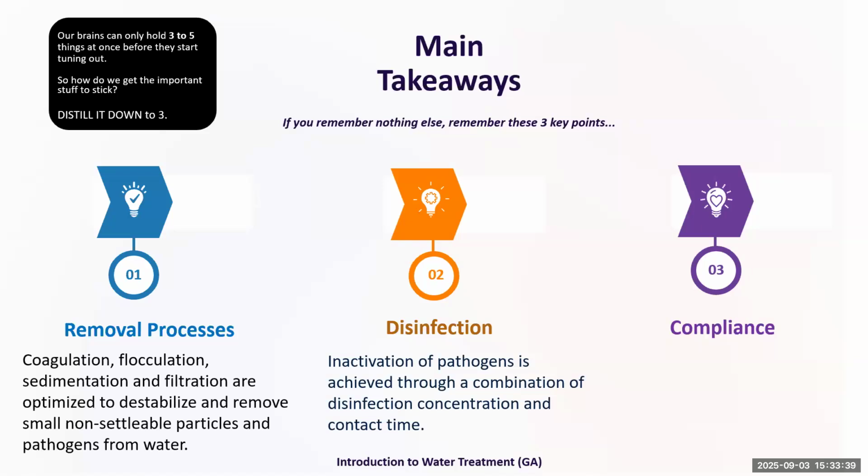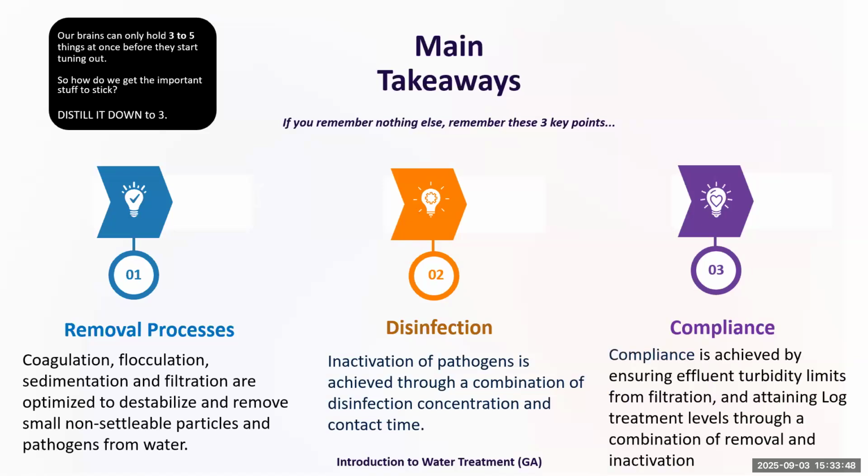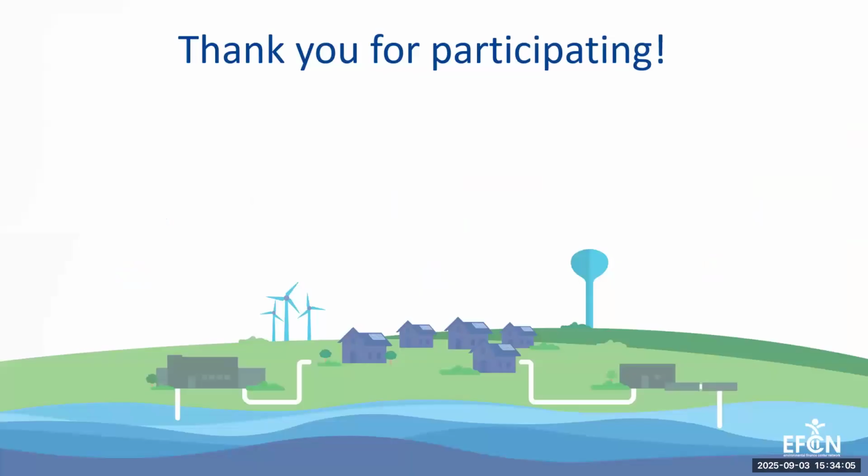This is all about destabilizing those very small non-settleable particles and pathogens and causing them to clump together so they can be removed. And then compliance is achieved by a combination of both of these things. We are ensuring turbidity limits so that we know that we're removing matter from water, and we're achieving an overall log treatment level through a combination of removal and inactivation.